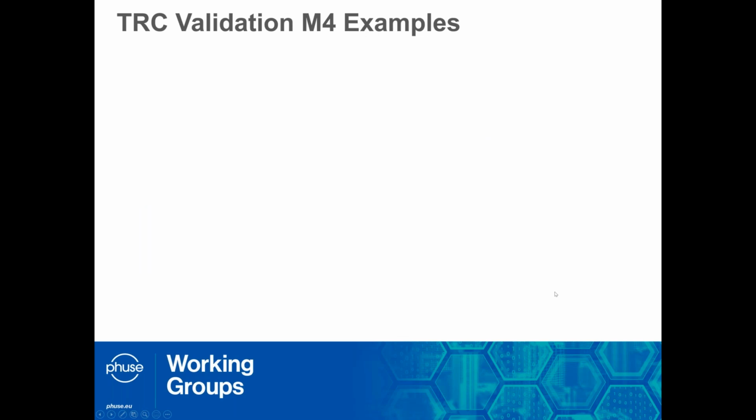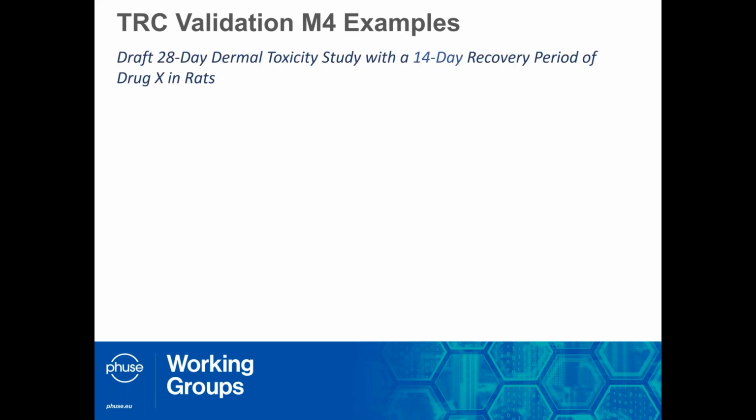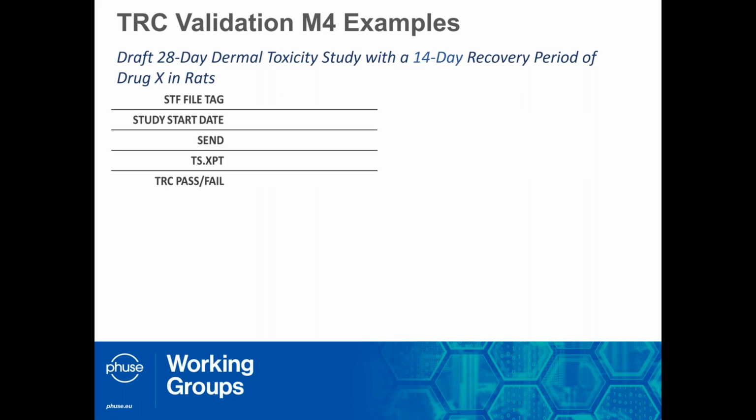So now I'm going to quickly walk through several examples of submissions in the eCTD modules that will hopefully give you a better understanding of how the tagging file and the ts.xpt factor into the validation process. Our first example is a 28-day study in rats, and the file tag used was preclinical study report.